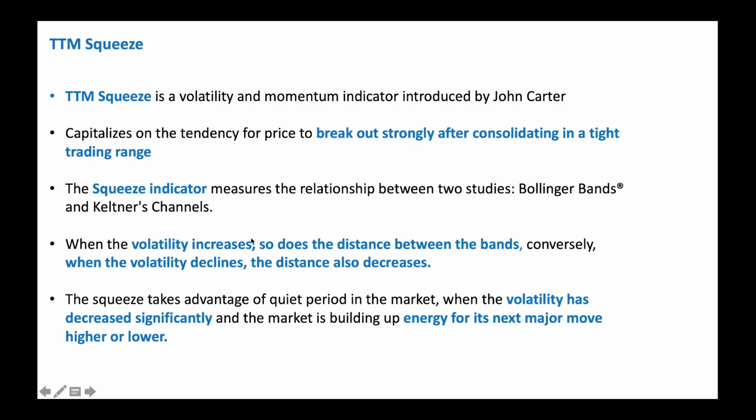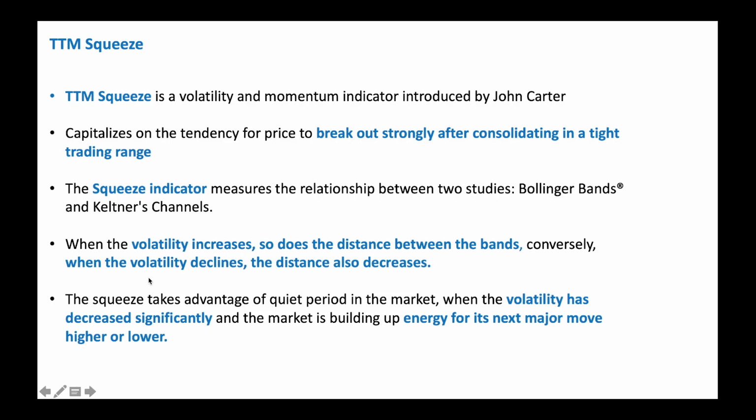When volatility increases, so does the distance between the bands in Bollinger Bands, and when volatility decreases, then the distance also decreases. The squeeze takes advantage of quiet periods in the market when the volatility has decreased significantly and the market is building up the energy for its next major move, higher or lower.